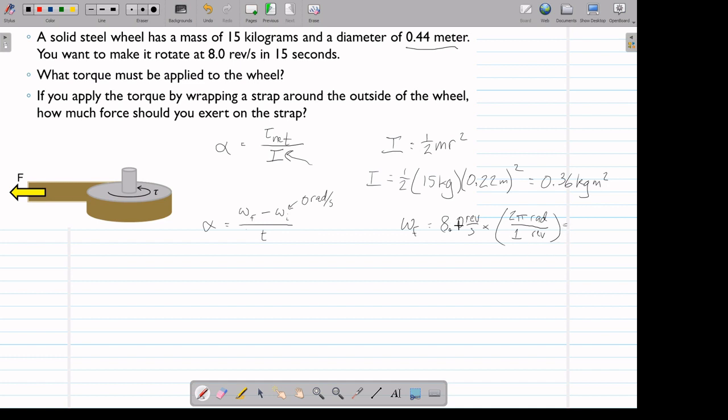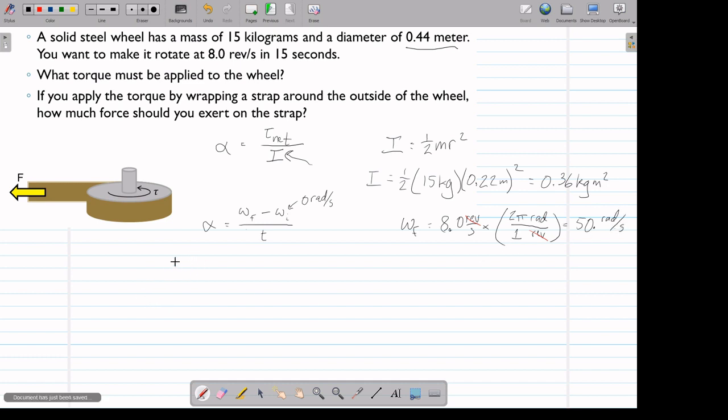So we're going to say 8.0 multiplied by 2 pi over 1, and revolutions will cancel out, leaving us with radians per second. When we do that multiplication and round to 2 significant figures, that gives us 50 radians per second.